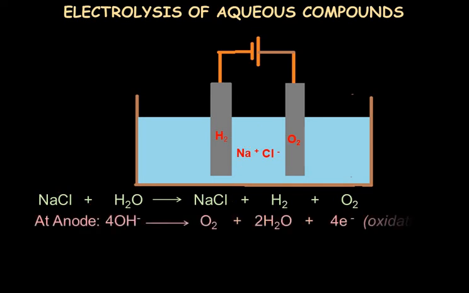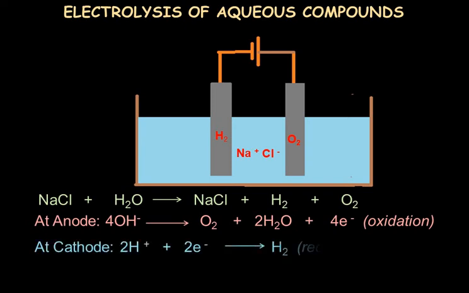So at the anode, the half equation is 4 hydroxide ions forming oxygen gas, along with water, and 4 electrons are discharged and pass to the positive terminal of the battery. And at the cathode, the 2 hydrogen ions get discharged, forming hydrogen gas.